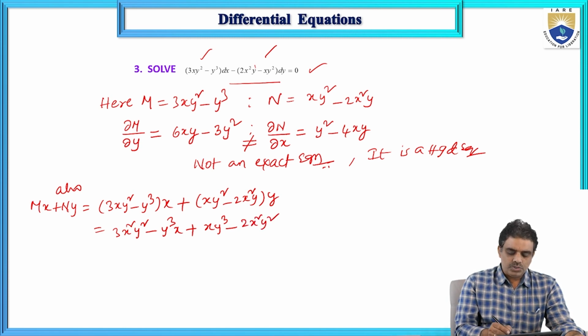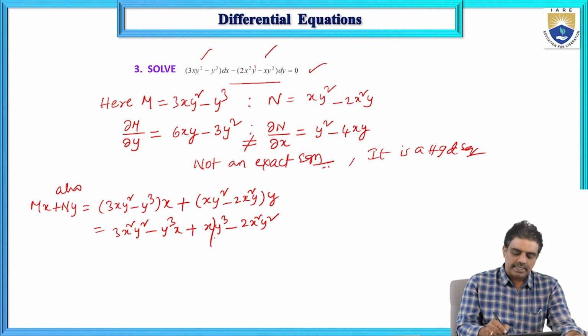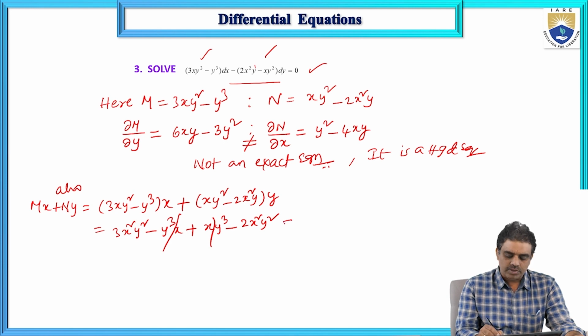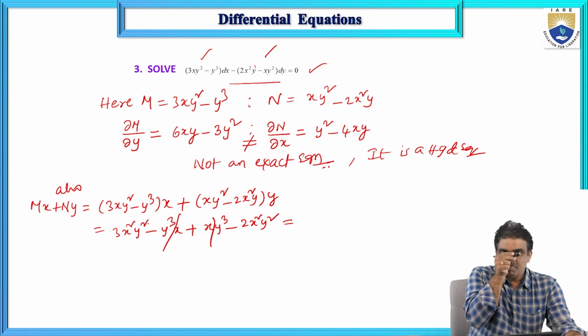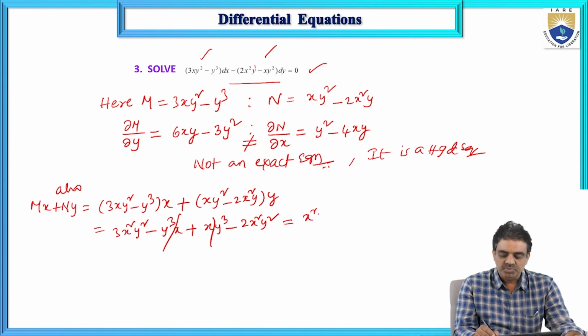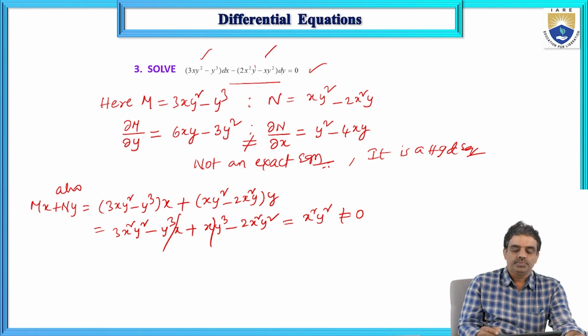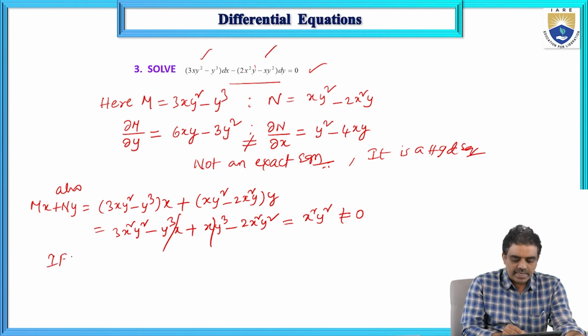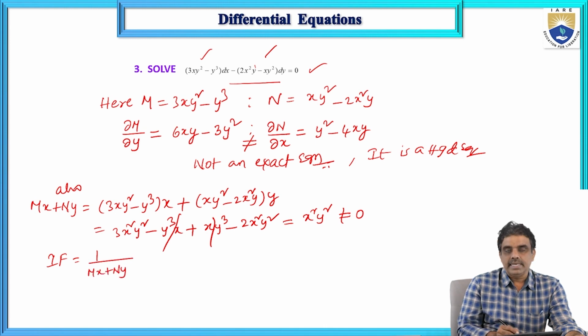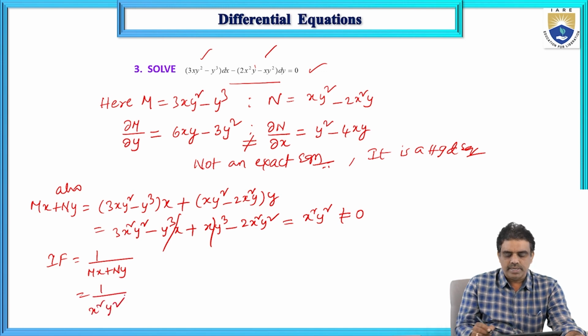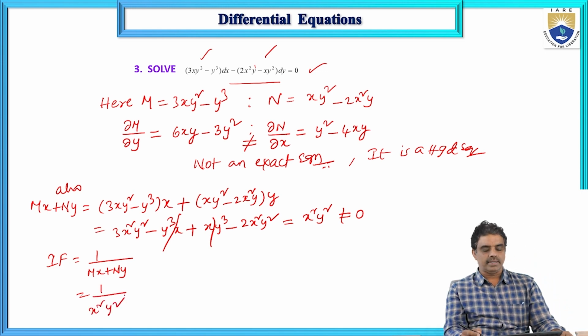These two will get cancelled, the y cube x terms cancel, and this equals 3x square y square minus 2x square y square, that is x square y square, which is not equal to 0. Therefore, the integrating factor is 1 by (Mx plus Ny). That means 1 by x square y square is the integrating factor.